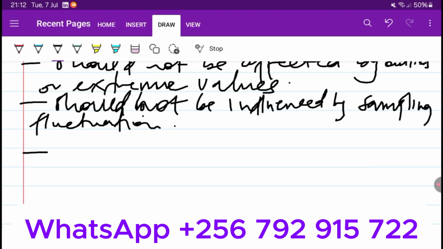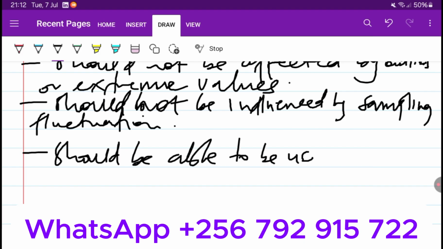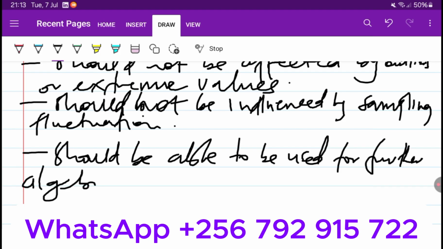So it should be capable of further mathematical or algebraic treatments.